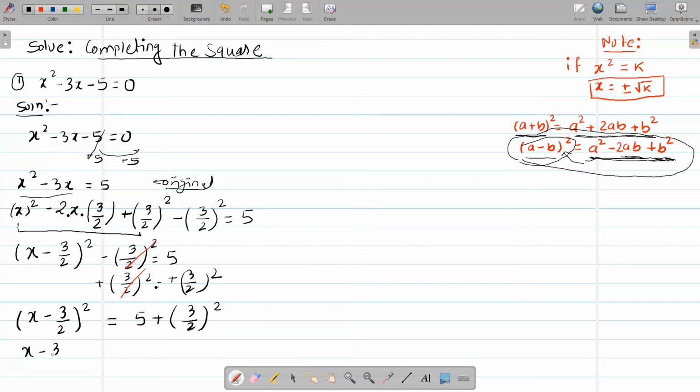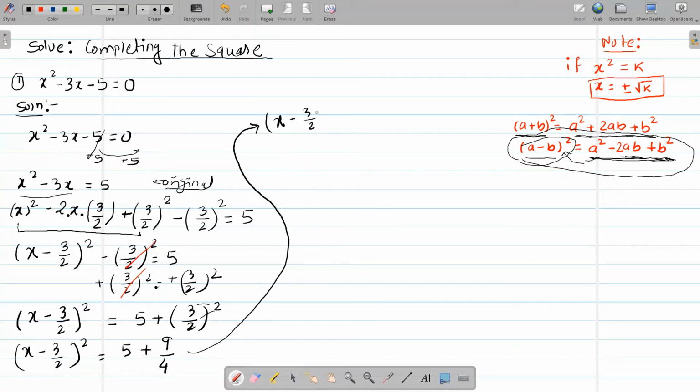Now we have (x minus 3 over 2) all to the square is equal to 5 plus, now when we have the square, the exponent goes to each of the terms, so we have 3 square is 9 and 2 square is 4. So we have (x minus 3 over 2) all to the square is equal to, now how to add these terms?